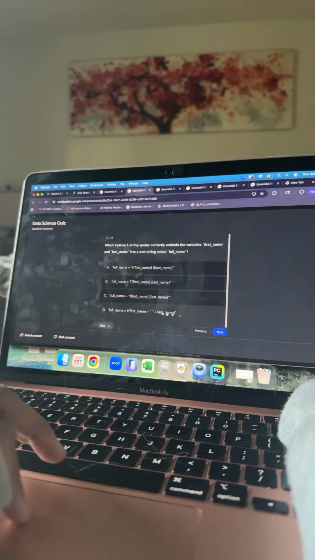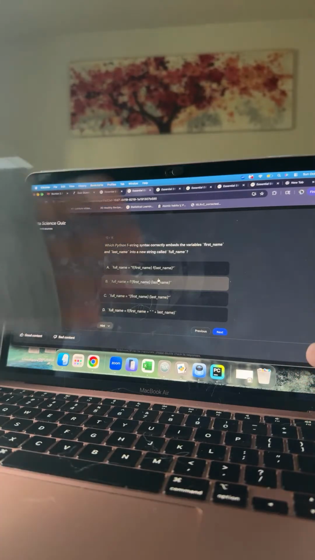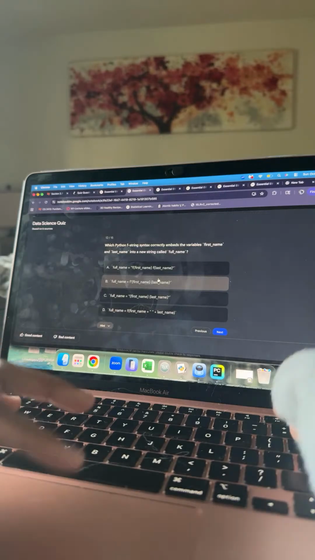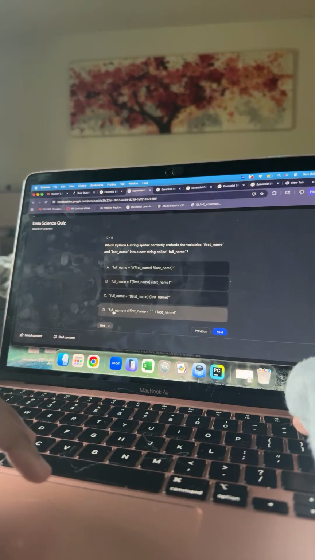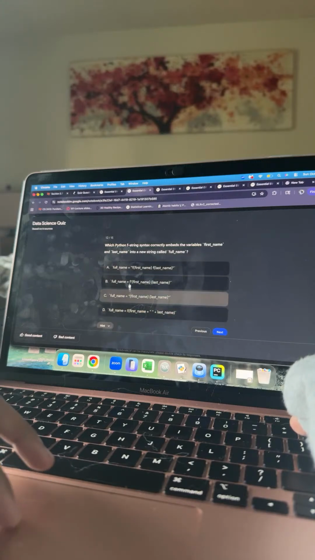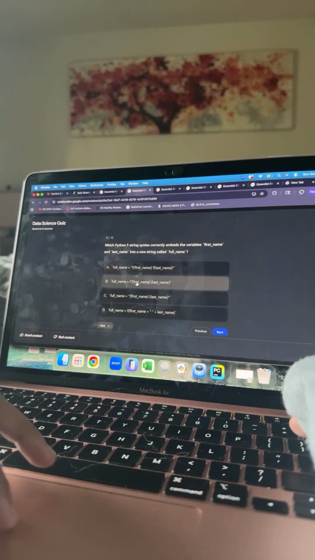Okay. So which Python f-string syntax correctly embeds the variable first name and last name into a new string called full name? So you would need to assign to the variable full name an f-string. It looks closer like this.